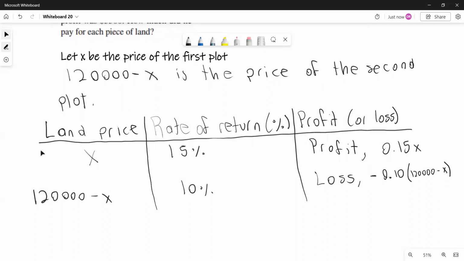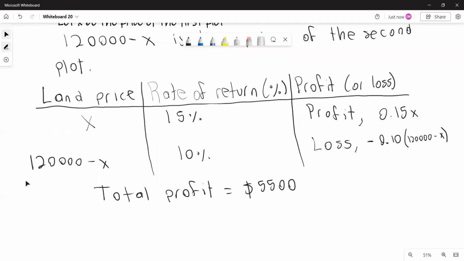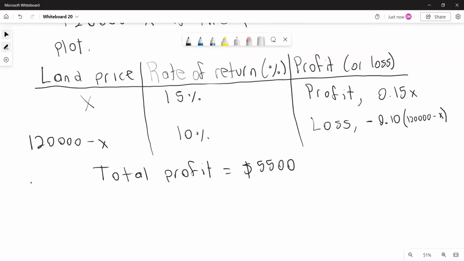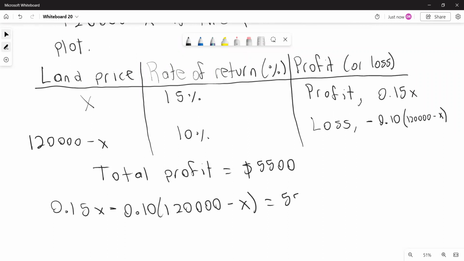Okay, the total profit was 5,500. And adding the two together, 0.15x minus 0.10 times 120,000 minus X must be equal to 5,500.